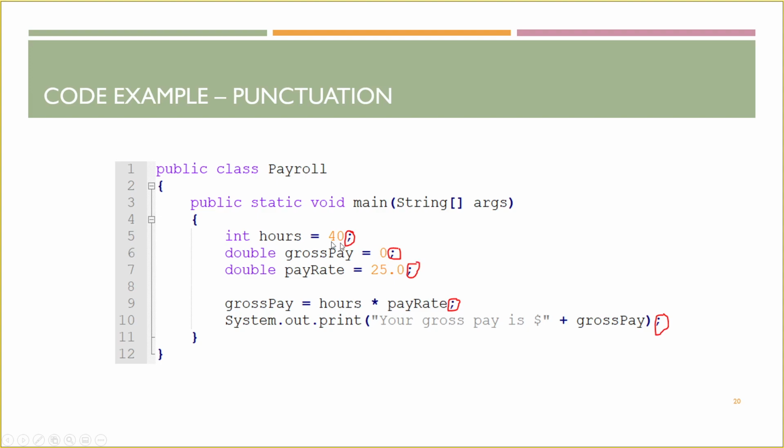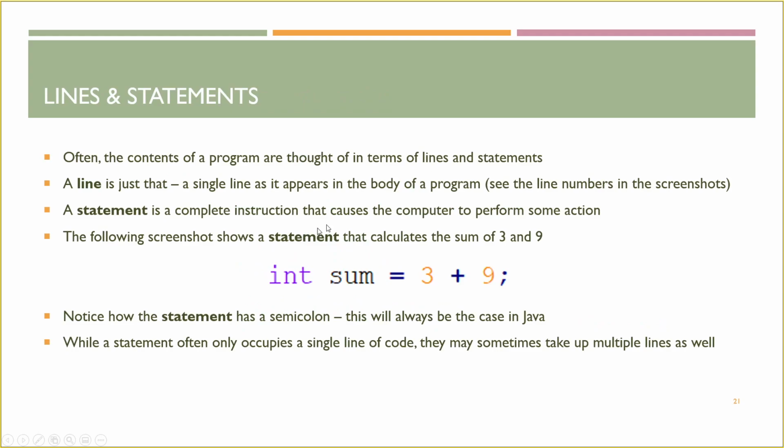That's a statement. Line 4, for example, is just a curly brace. It doesn't do anything, it's a curly brace. This right here, int hours is assigned 40, semicolon, is a statement, right? So, like I said, our statements always have semicolons in Java. Every statement that we write will have a semicolon.